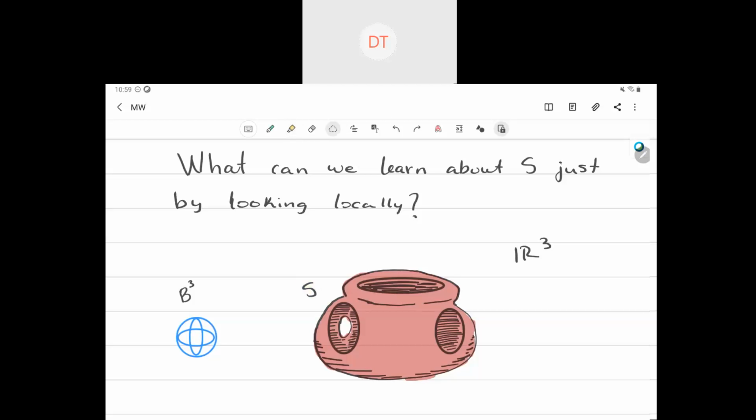Since I said before that we wanted something with genus greater or equal to 2, I'm taking this one to make it easier for me. Okay, so the idea is to take an n-dimensional ball and just start scanning, going to different points of the surface.